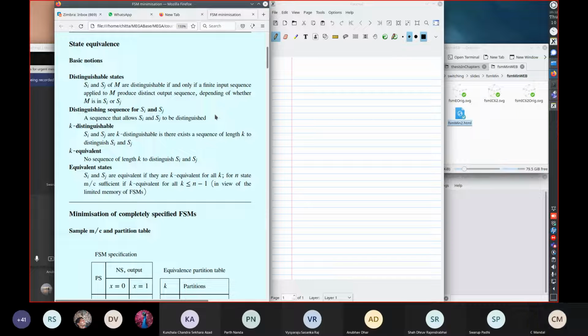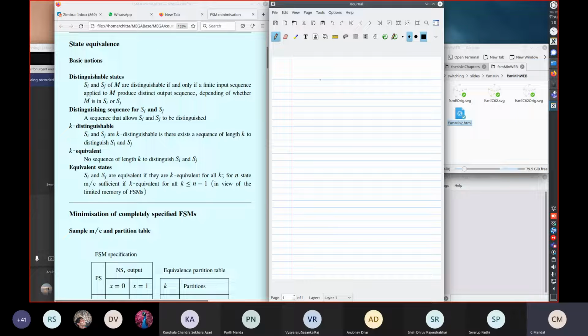As you can see, we consider two types of machines, finite state machines and machines that are... As we shall see, it's easier to minimize in the first case.